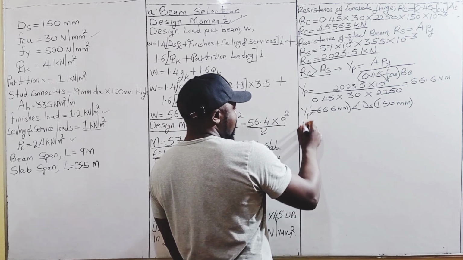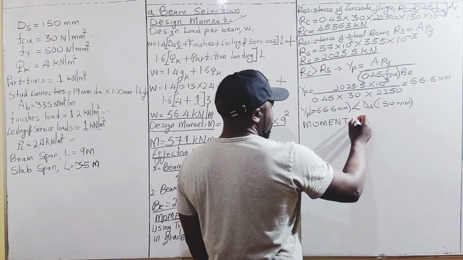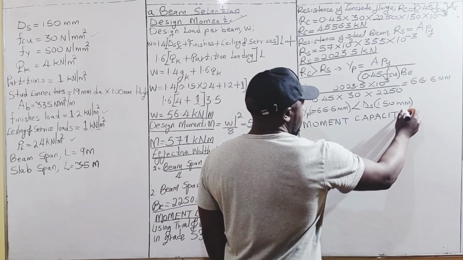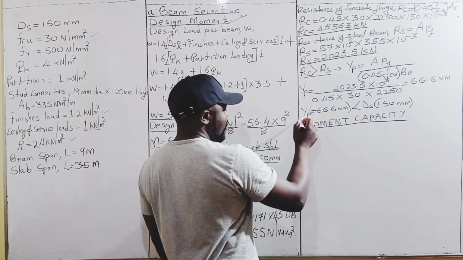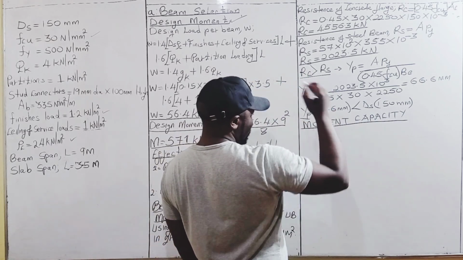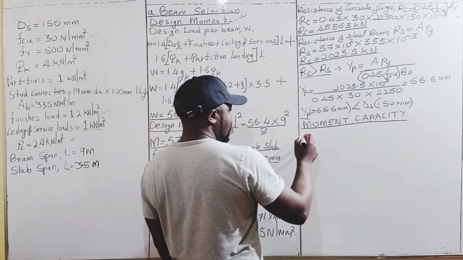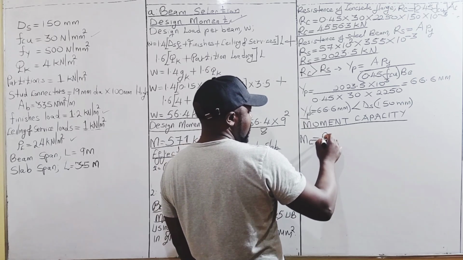Therefore, the moment capacity will be given by this formula, since yp, or the neutral axis, falls under the concrete slab. Therefore, the formula for calculating the moment capacity will be as follows.